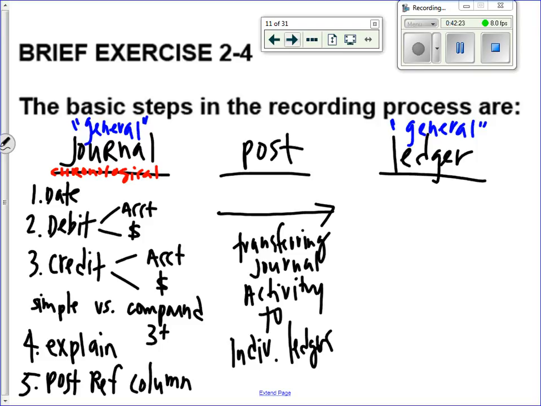Ledgers are individual snapshots of each account.